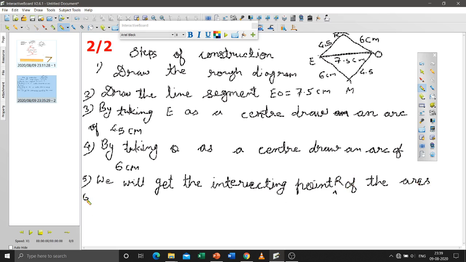Now, sixth step: join R and E. Similarly, join O and R.